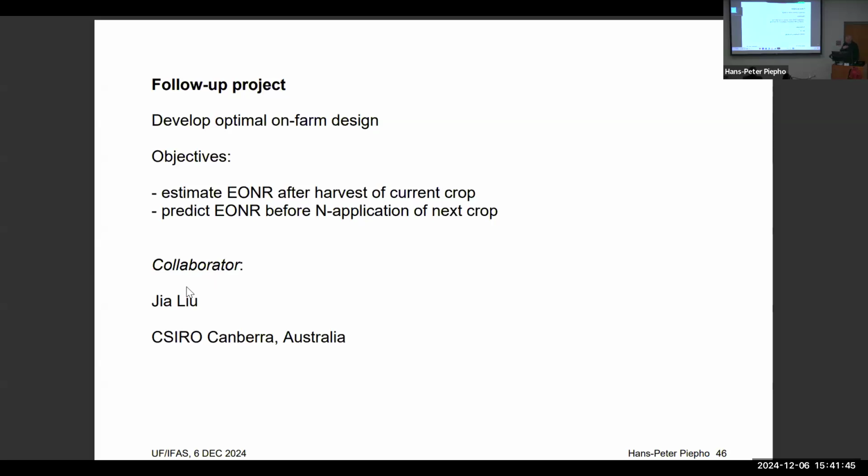This is just an outlook. I'm collaborating with Gia Liu at CSIRO in Canberra on, again, a design question. What's the optimal design for this? This is just a routine field operation, so there's no design other than that you've got the Yara sensor telling you how much N to apply. You could say that's a design.